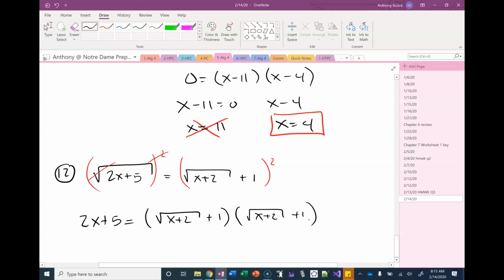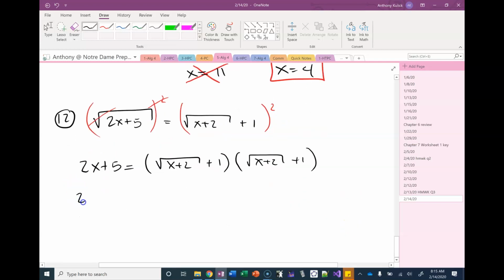Okay. So, square root of x plus 2 times square root of x plus 2 is just x plus 2. Notice that we're just going to shortcut around writing the square root of x plus 2 squared and canceling the square root and square root. And then square root of x plus 2 times positive 1 is square root of x plus 2.